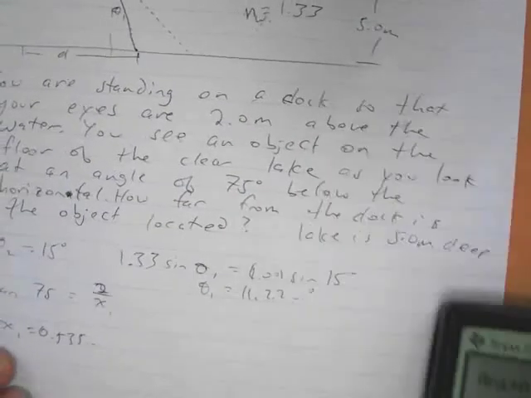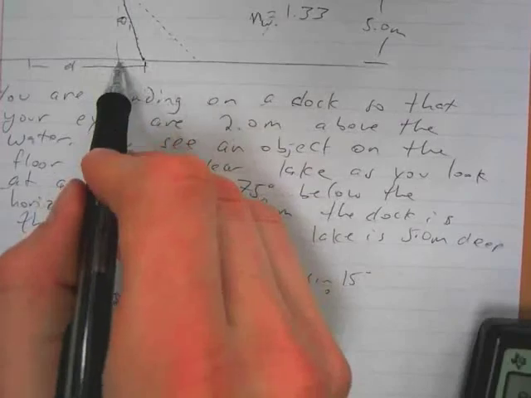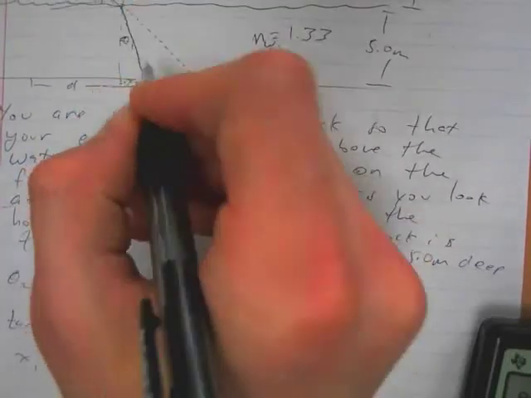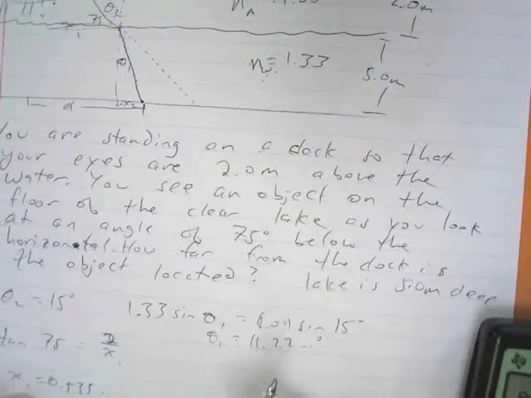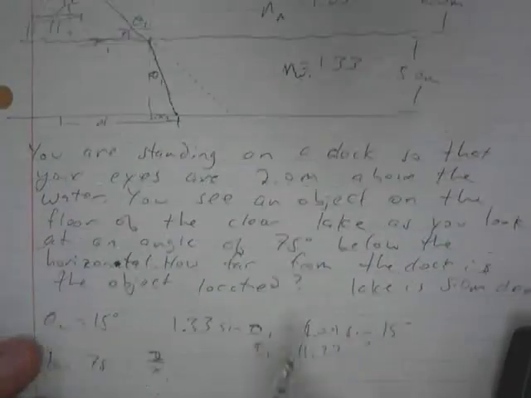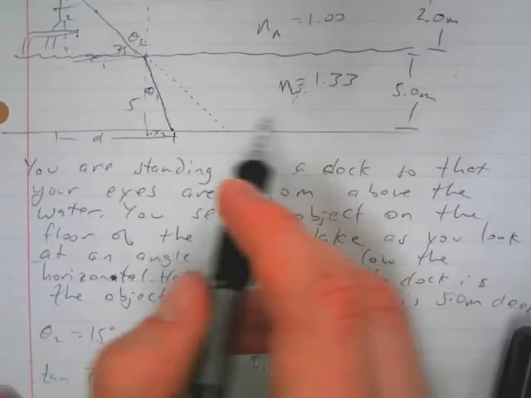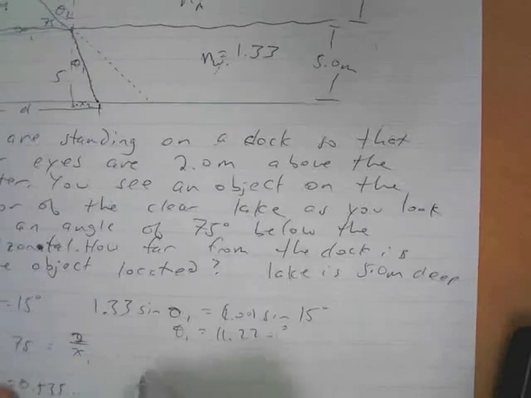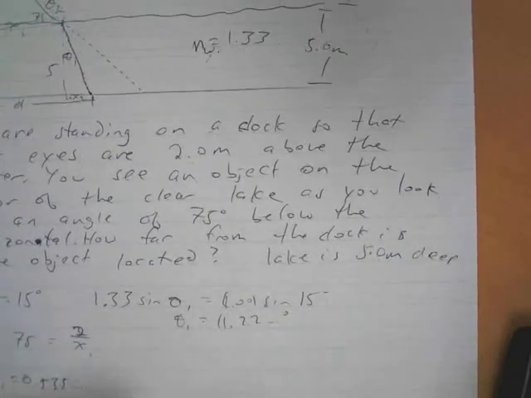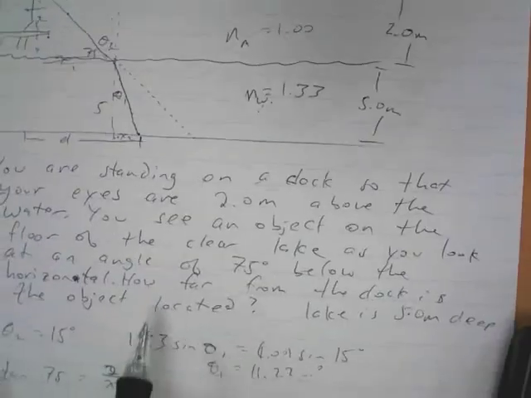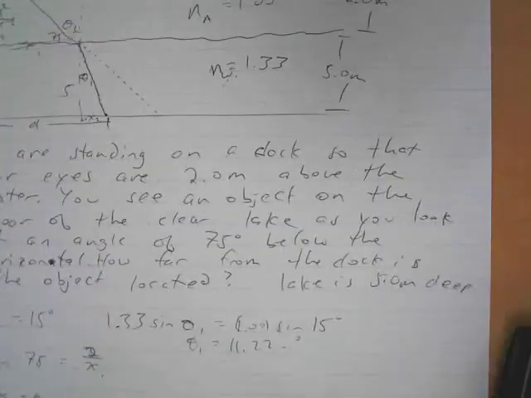And then this second distance, which I'll call x2, we can say that the tangent of theta 1 is equal to opposite over adjacent, that's x2 over 5.